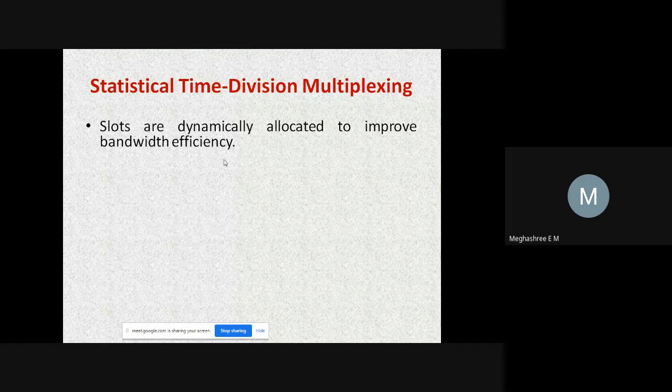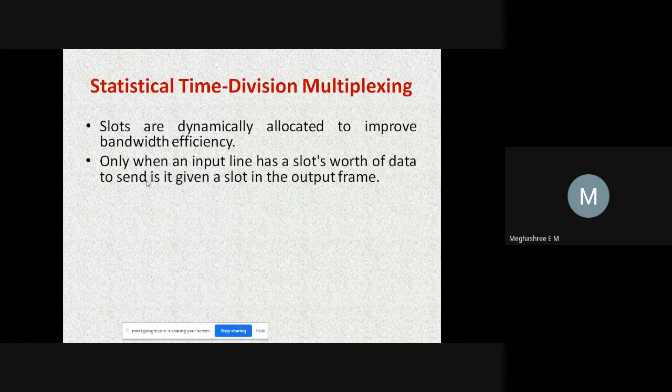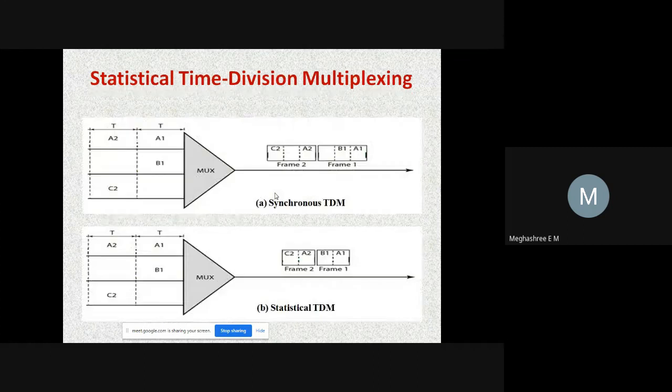Just remember, as of now, the slots are allocated dynamically. If there is input on an input connection at time slot t, then only a slot in the frame will be allocated, or else no. Only when an input line has a slot's worth of data to send is a slot given. Let me consider the diagram, then you will understand it better.